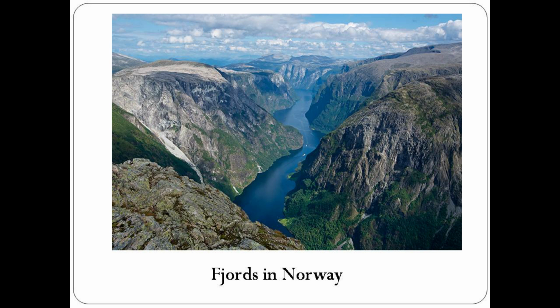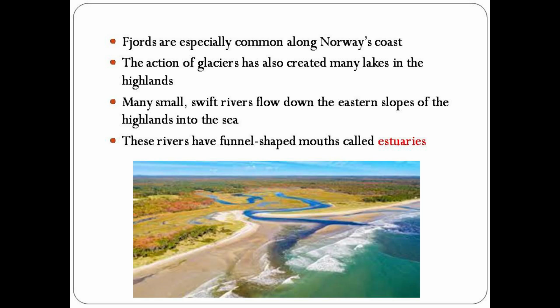Fjords are often set in a U-shaped valley with steep walls of rock on either side. They are mainly found in Norway, Chile, New Zealand, Canada, Greenland, and the US state of Alaska. So students, as I have already explained to you about fjords, they are very common along Norway's coast.